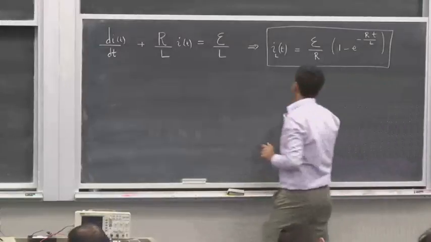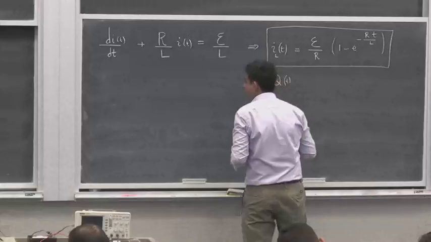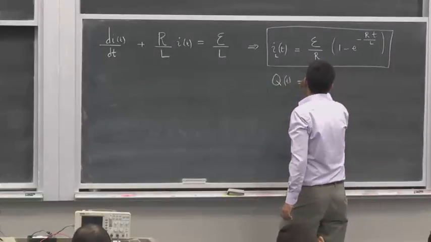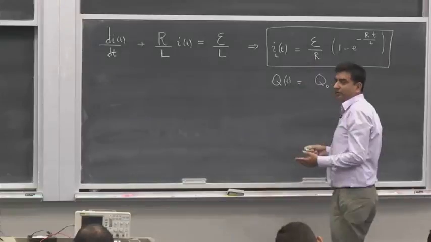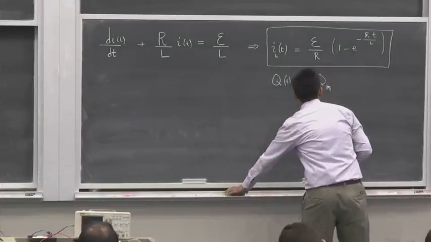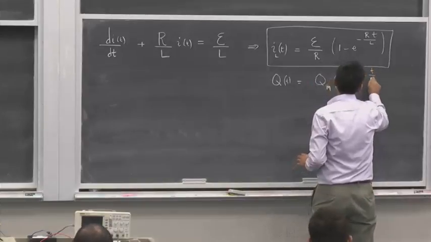If I look at the charge on a capacitor, that charge on the capacitor is given by Q naught, some maximum charge say, times 1 minus e to the minus t over RC.